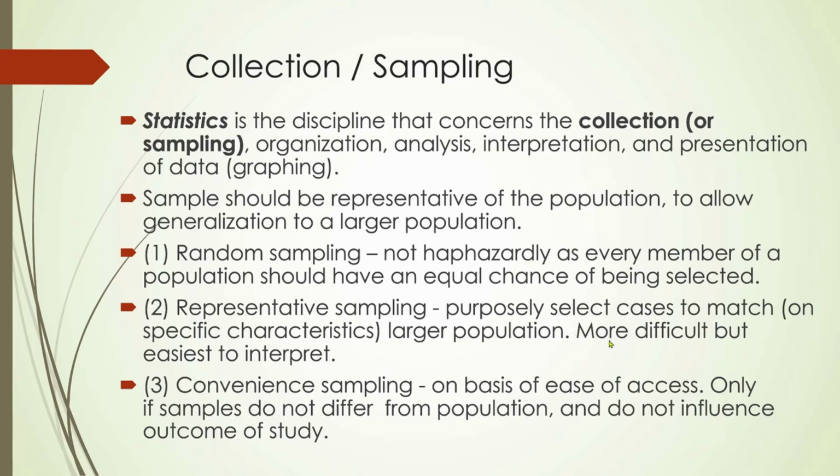This is of course more difficult to plan, but the results will be easier to interpret. For convenience sampling, this is on the basis of ease of access. If the samples do not differ from the population and if the samples do not influence the outcome of the study, then convenience sampling works.